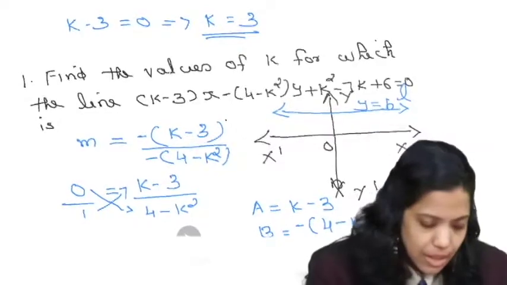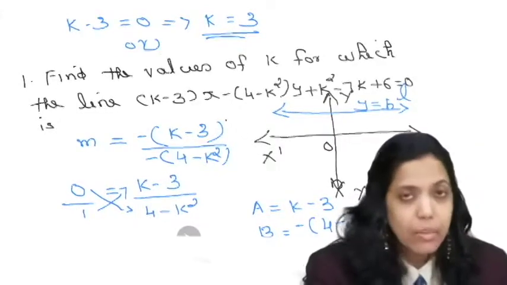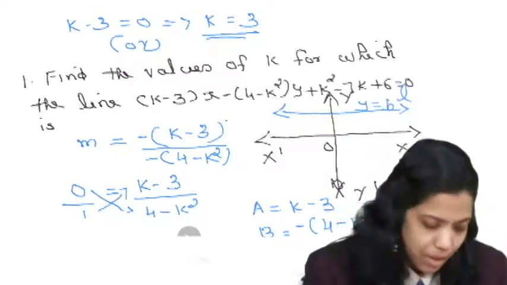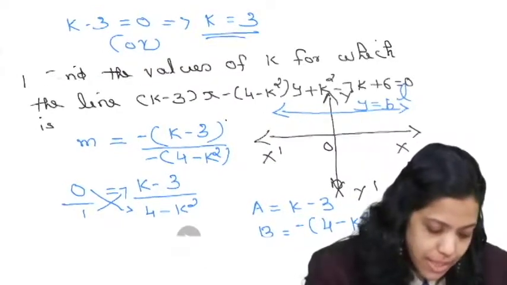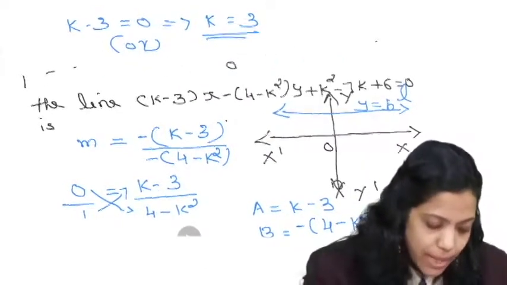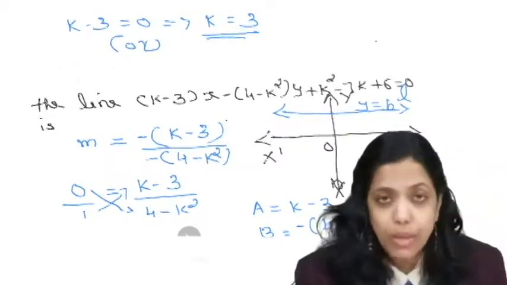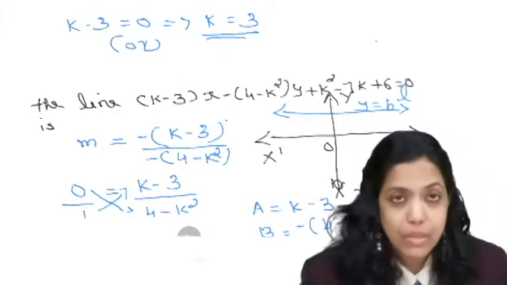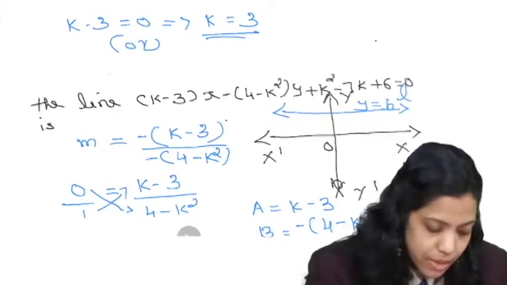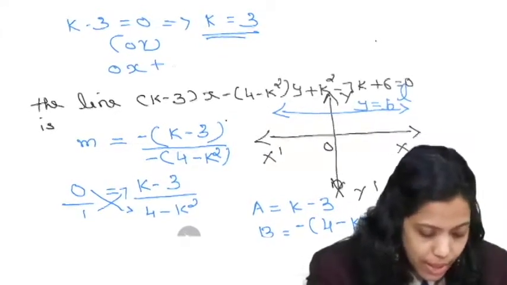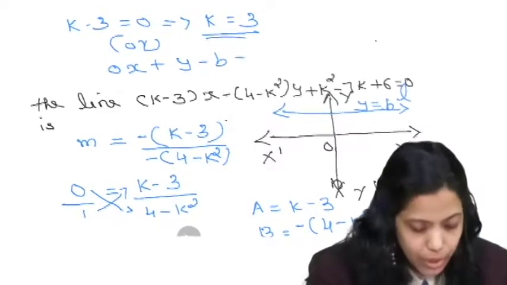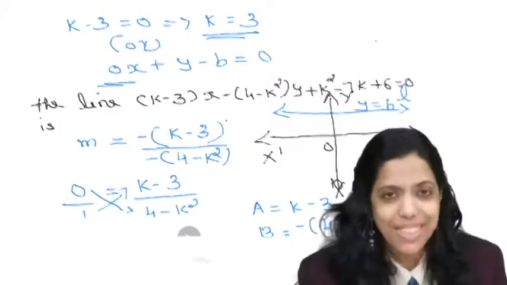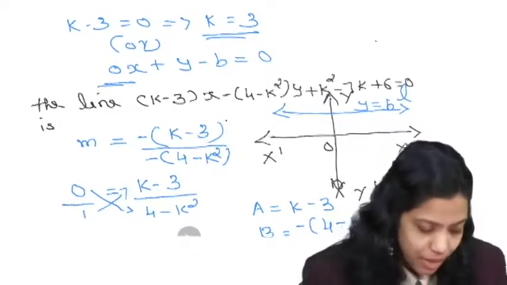So in one way we got, using the concept of slope, the value of k as 3. Let me try in another way, by using the equation of the line, how we could get the same answer. As we said, the equation of the line parallel to x-axis is of the form y equal to a constant value. So if I consider that standard form, it comes 0x plus y minus b equal to 0. That means here we are getting the coefficient of x as 0.